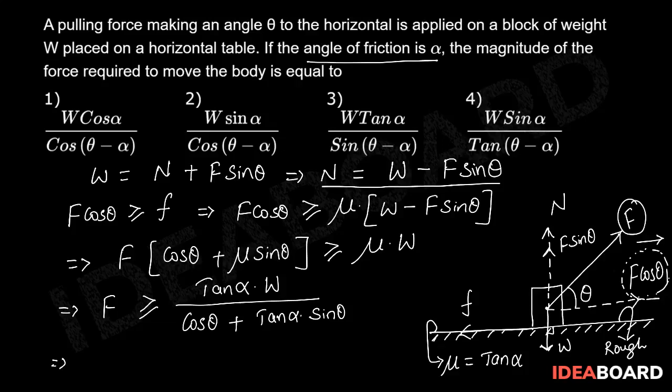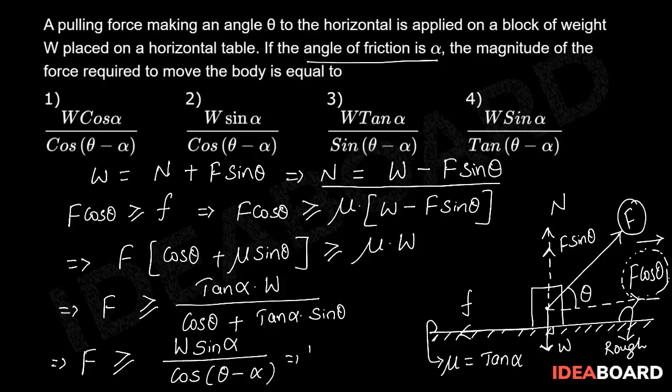So expanding tan alpha as sin alpha by cos alpha, and further simplifying this, we get F is greater than or equal to W sin alpha upon cos of (theta minus alpha).